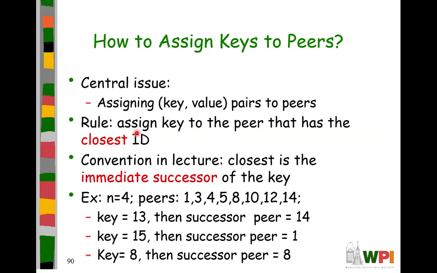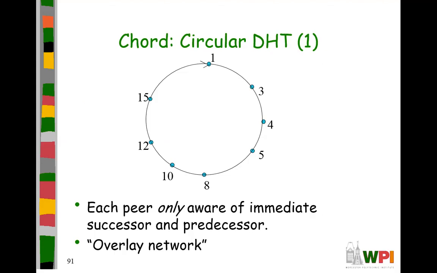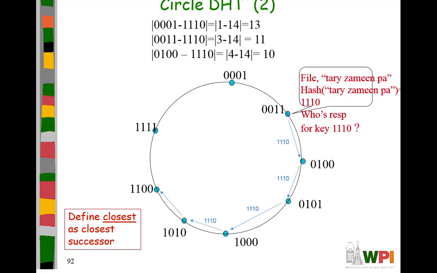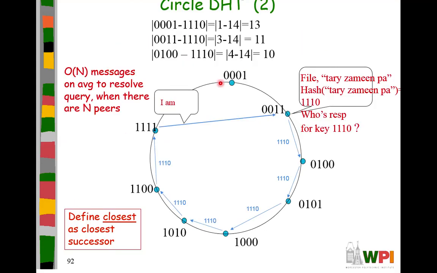I explained it: the key is assigned to the pair which has the closest ID. In this example, the file's key was 110. Among these pairs, who was the closest? This 111 was closest. So it was stored here.